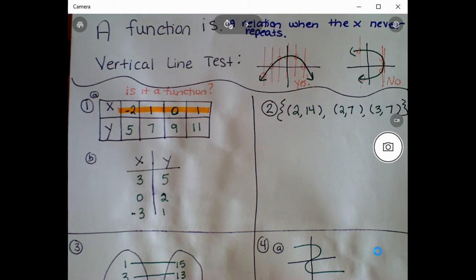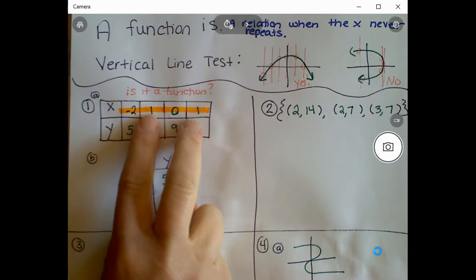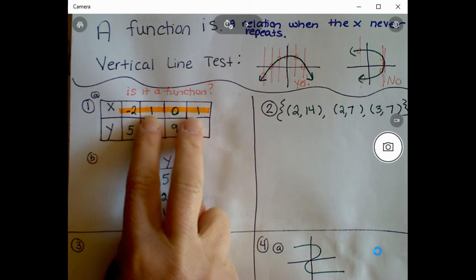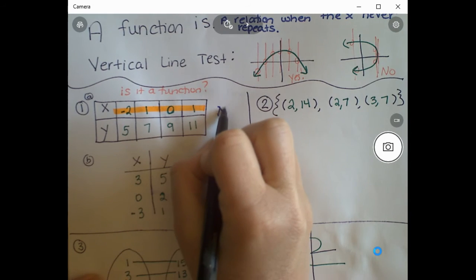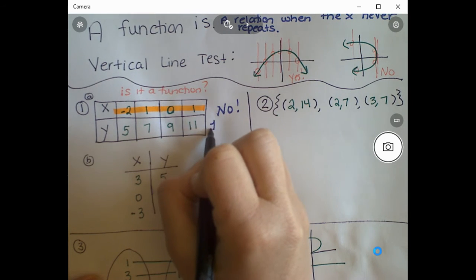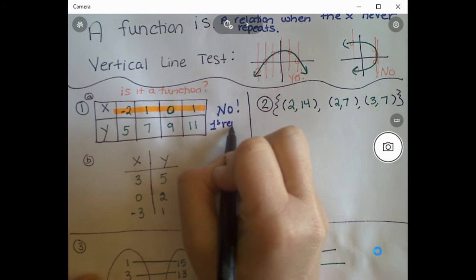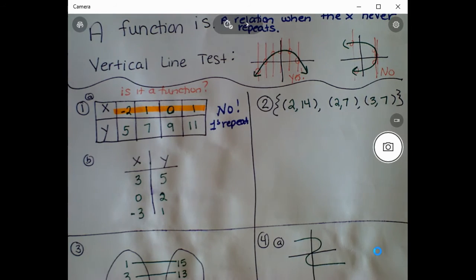Okay, so there's the domain, -2, 1, 0, and 1. In order for it to be a function, you cannot have any numbers repeat in the domain. Since we have 2 1s, this is not a function. The 1s repeat.